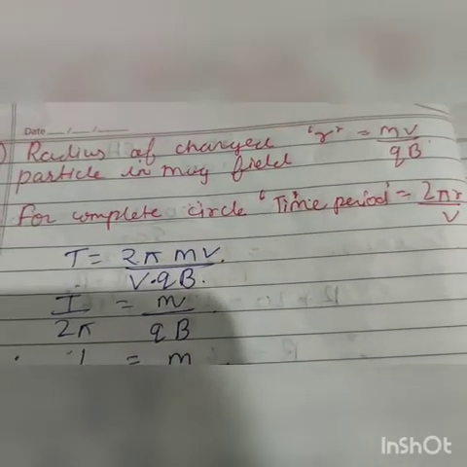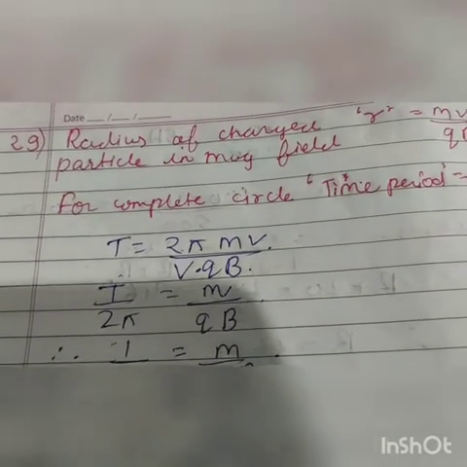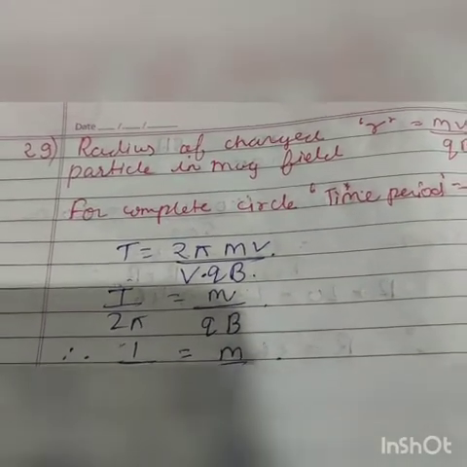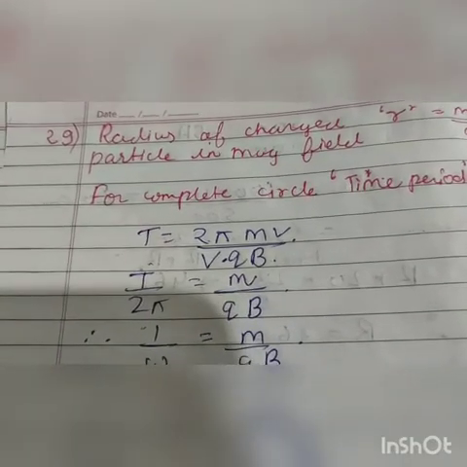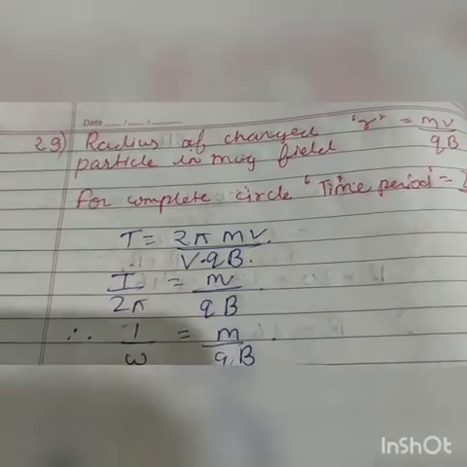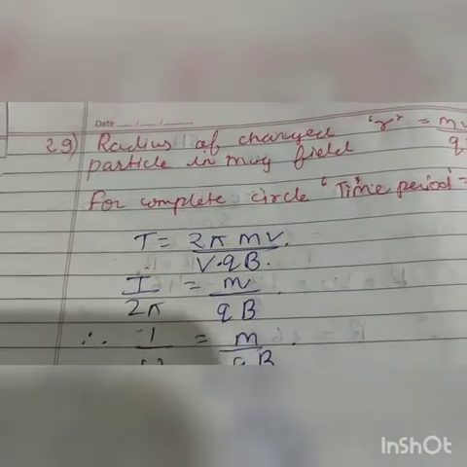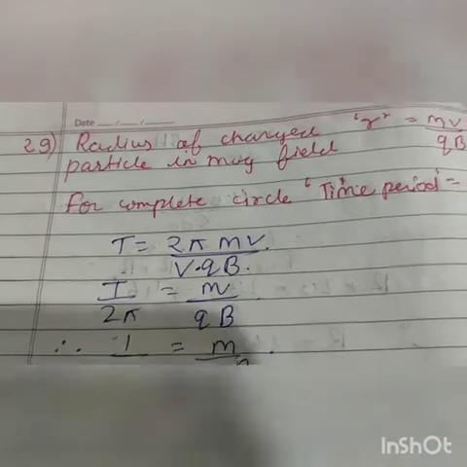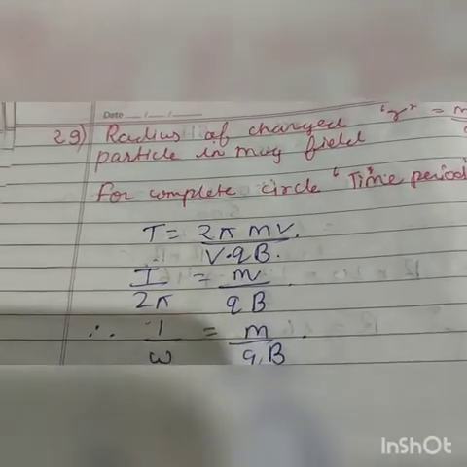We have studied in the chapter Magnetic Effects of Current that when an electron goes into a magnetic field, it moves in a circular path. The correct example of this is the cyclotron. We have seen how the electrons revolve and then come outside.